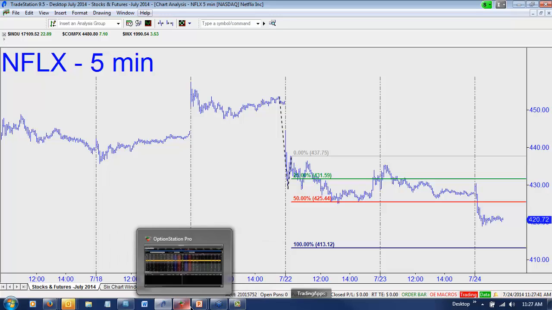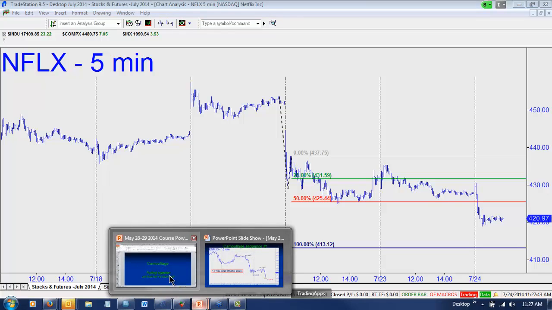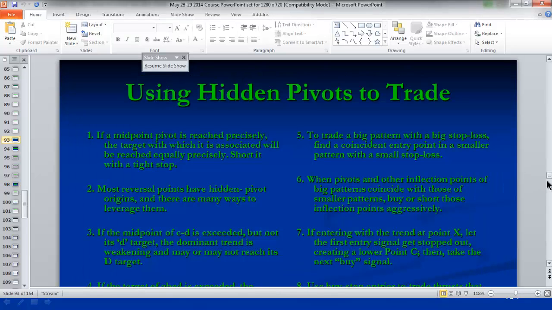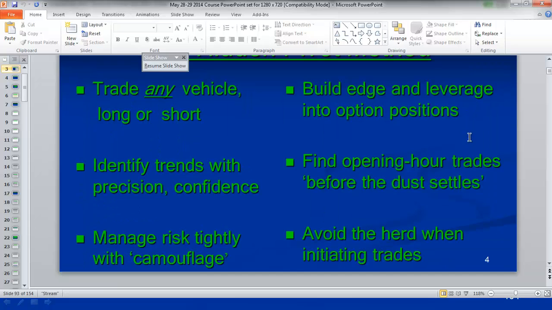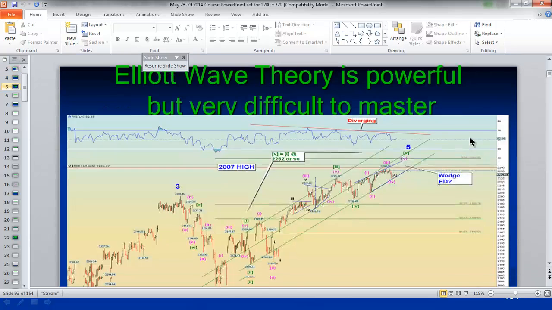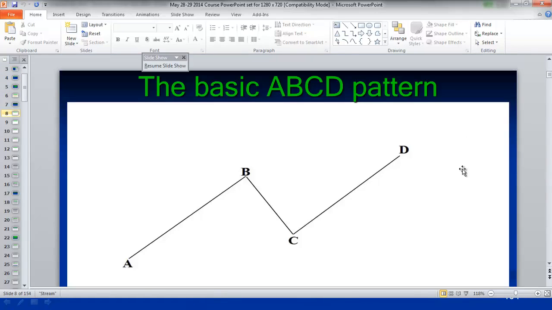Let me give you just a little sneak preview here of the course manual, though. This is the basic pattern, A, B, C, D, and we consider the AB part of it the impulse leg, BC is the corrective phase, CD is the follow-through, and the assumption of my method is that AB and CD will be equal.